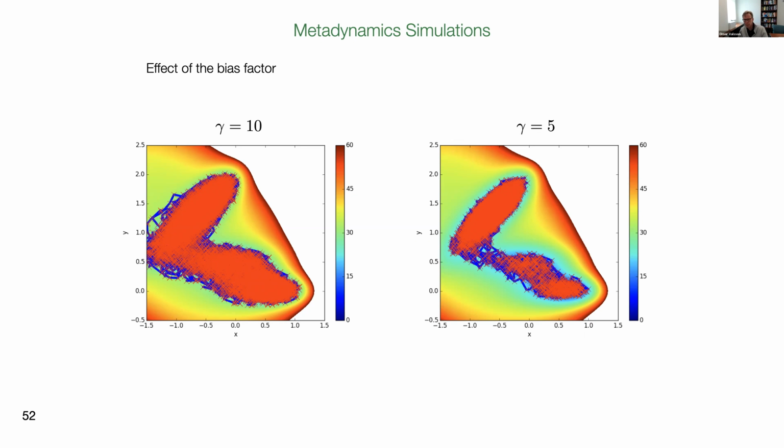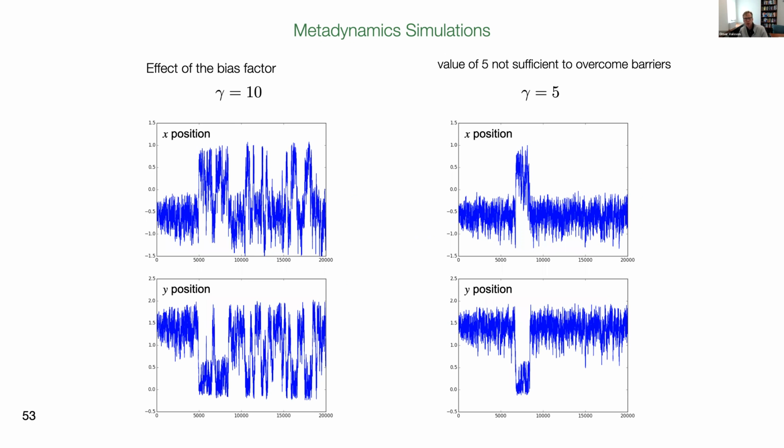But this is really misleading, because if you look at the time series, you can see that with bias factor 10 we see a lot of transitions between the two states. With a bias factor of 5, we just see one transition, and then it never goes back. So in this case, a bias factor of 5 was not sufficient to overcome the barrier.